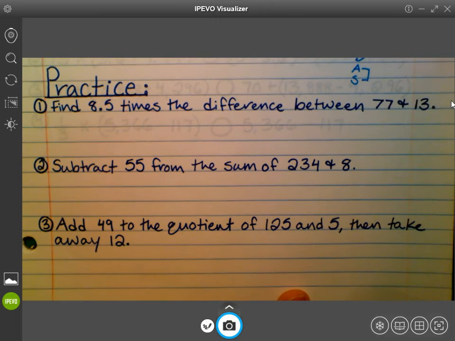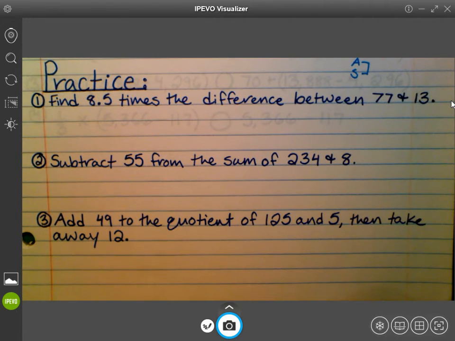So number 1, find 8.5 times the difference between 77 and 13. Remember, we're not actually solving it. We're just writing the equation. Number 2, subtract 55 from the sum of 234 and 8.